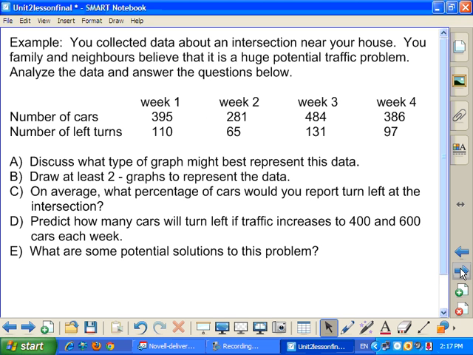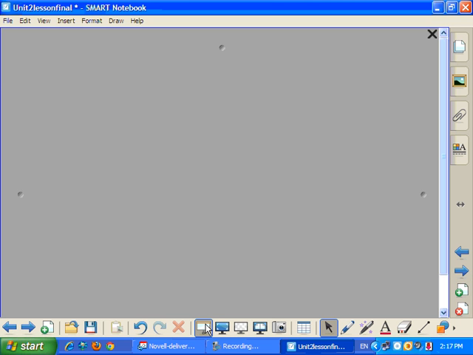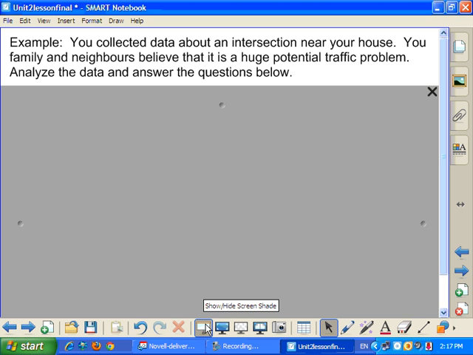So I have one example. It's not exactly the same as what you're going to be dealing with, but it's similar. So the example I'm looking at, up at the top of this page: you collected data about an intersection near your house. So you're looking at a traffic problem. Your family, let's put an R on there, and neighbors believe that it is a huge potential traffic problem.